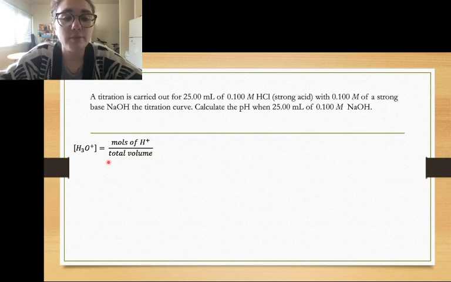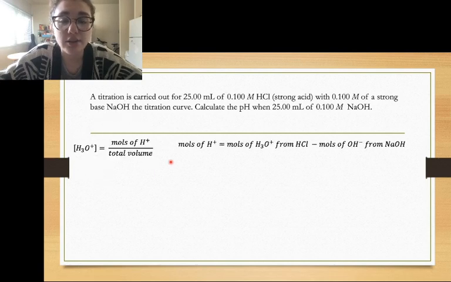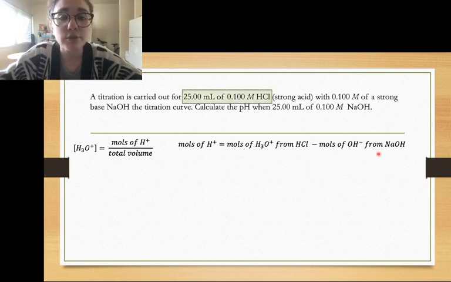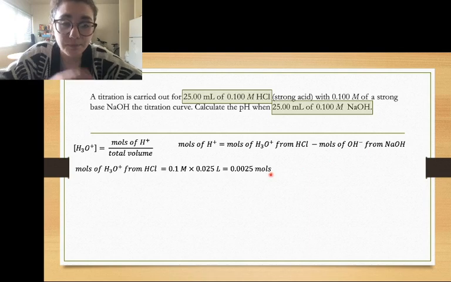So I'm going to look at the moles of H+ over the total volume. Now that moles of H+ is not exactly the concentration, but it's the moles of hydronium ions from HCl neutralized, minus the moles of OH-. I get those moles by taking the volume, converting it to liters, and multiplying by its molarity.